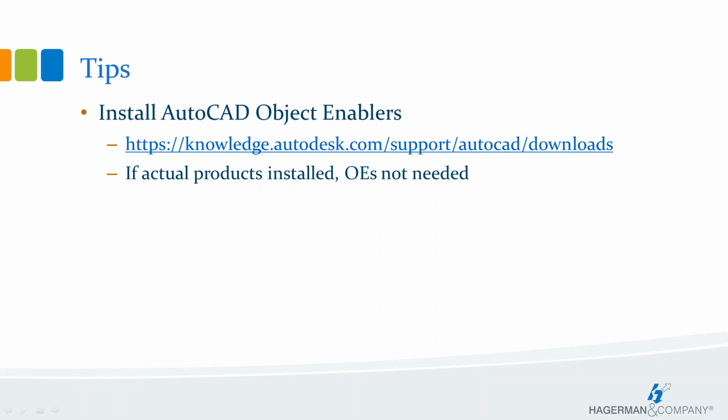The link shown here is where you go to download those. If you have any of those products installed already, then the enablers may not be needed. So if you have AutoCAD, Plant 3D, Advanced Steel, etc., and you have Navisworks installed, then you shouldn't need to install the object enablers. However, just to be on the safe side, I still recommend installing them, just for the sake of Navisworks. And you'll get them from this link here.